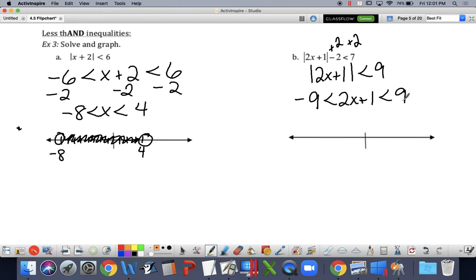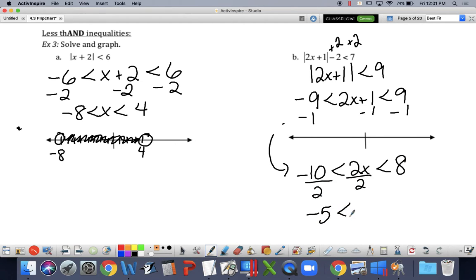So from here, I solve it the same way I would an equation. I subtract 1 from both sides. Sorry, I'm running out of space. So I get negative 10 less than 2x less than 8. And then I divide by 2. I have to divide everything by 2.